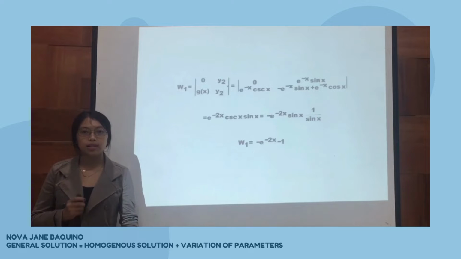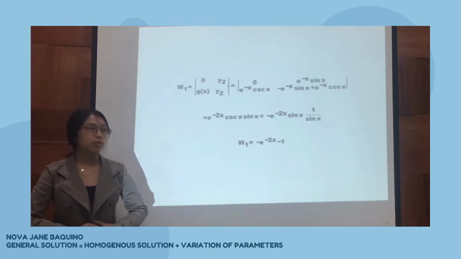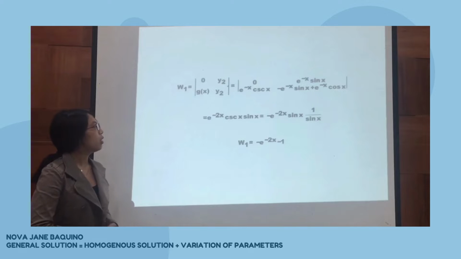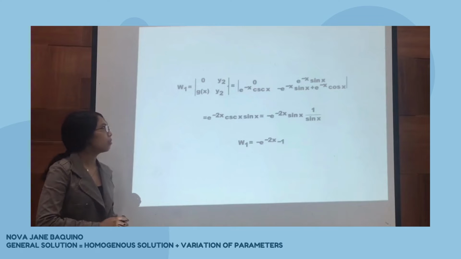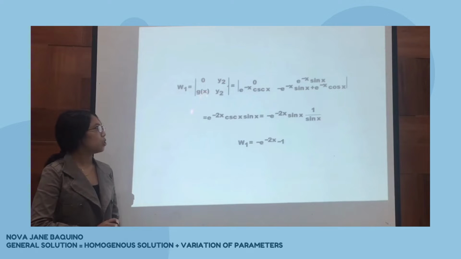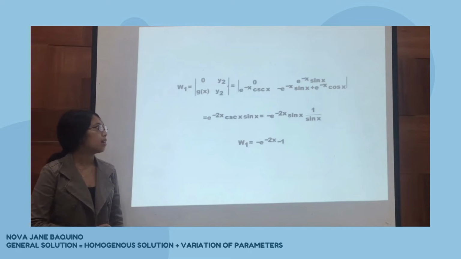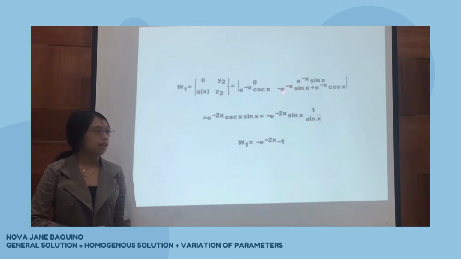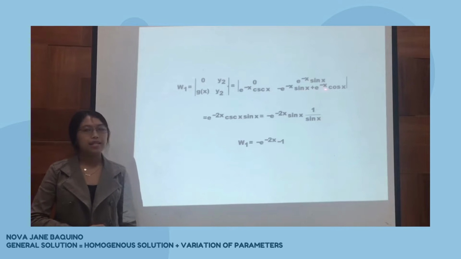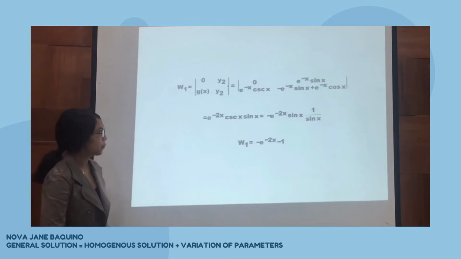So we need to get the W sub 1 and W sub 2. For W sub 1, we have the determinant of 0, y sub 2, g of x, and y sub 2 prime. So 0, and y sub 2, the value is e to the negative x sine x, and g of x, which is e to the negative x cosecant x, and y sub 2 prime is negative e to the negative x sine x plus e to the negative x cosine x.